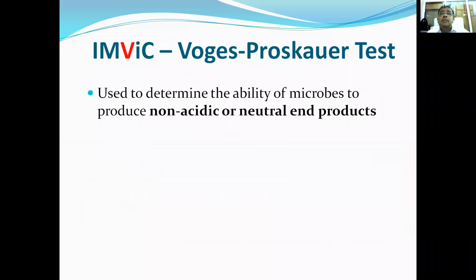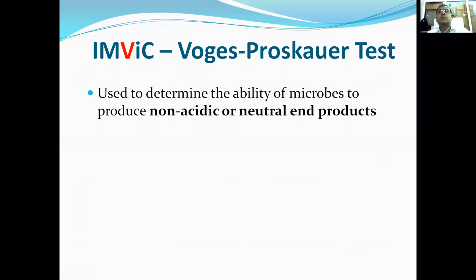Now a similar test, or combination with MR, is the VP test. The VP test is also performed on the same broth. Whatever overnight incubated broth is there, you divide into 2 test tubes, and you can perform the MR and VP tests simultaneously. In the VP test, we are targeting a non-acidic, or neutral, end product.